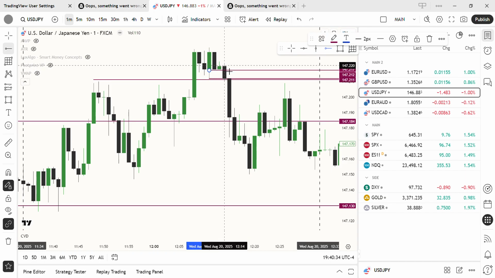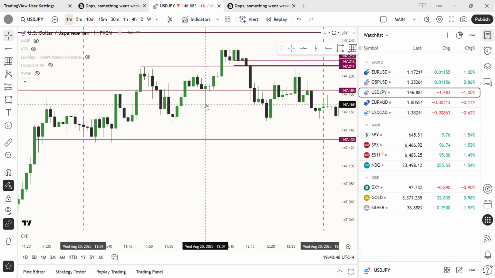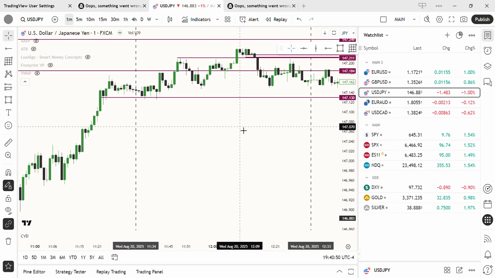Create an order block. What does price do? It breaks through, closes above it, doesn't retest. Nope, no trades here. No trade.